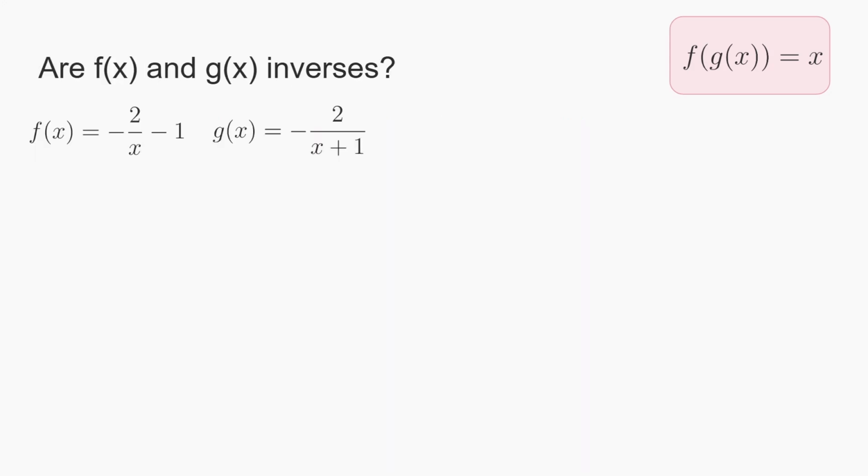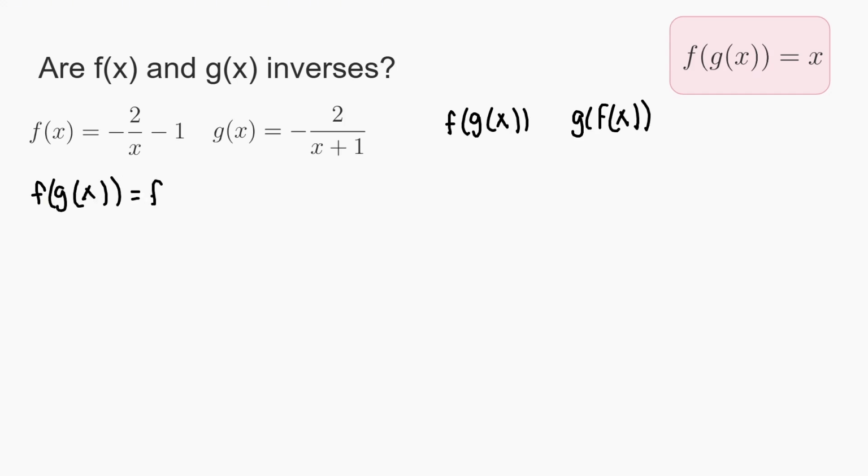Now, let's do another practice problem. So here, we're trying to find out whether f of x and g of x are inverses. So like I mentioned previously, we can either do f of g of x or g of f of x. Doesn't matter, we can just choose one. In this case, why don't we do f of g of x?